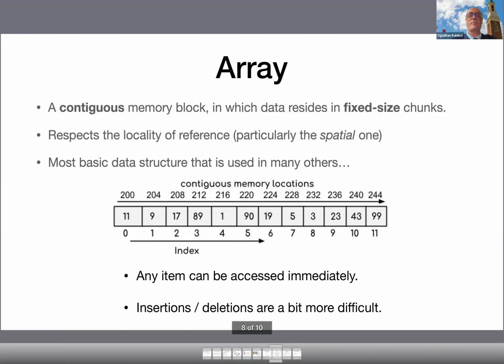That is important, because arrays are very beneficial since they support random access in constant time. However, you know that if you would like to insert or delete something from the array, it's not that easy. Assume this is my array of size, let me say 10, and I would like to make it 11. I cannot simply say, please extend this by one more position.